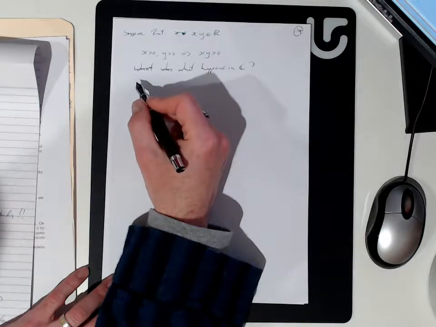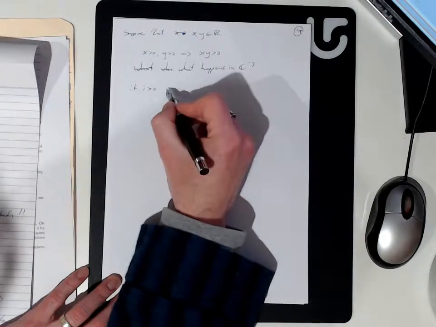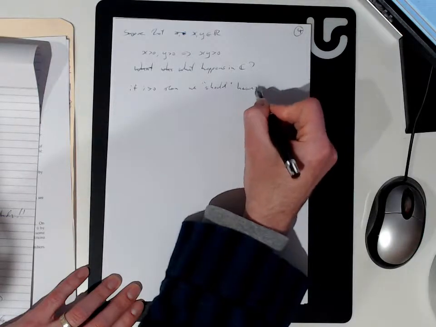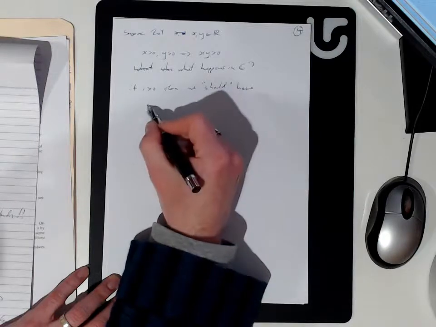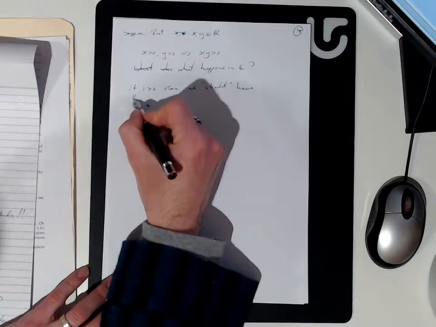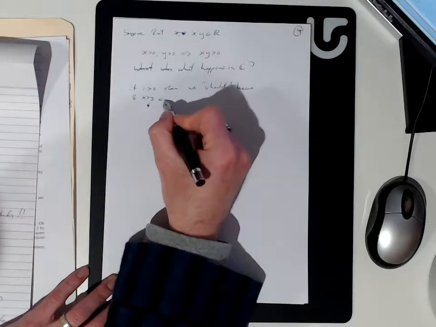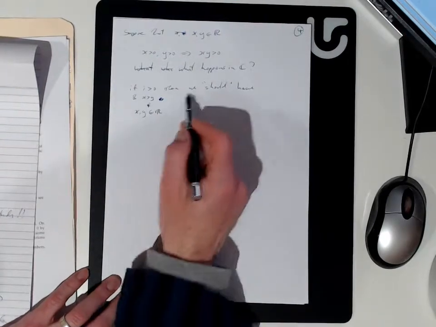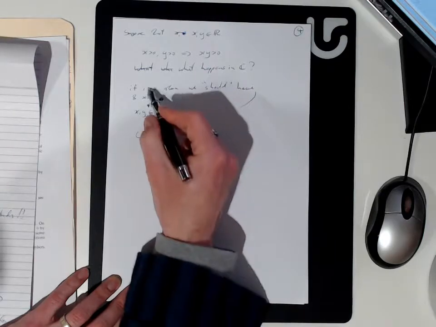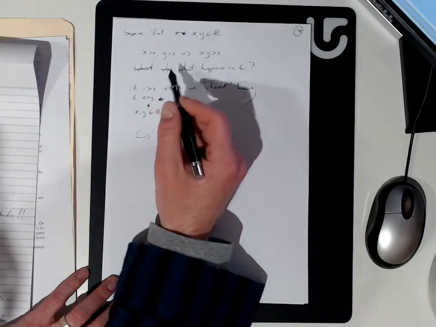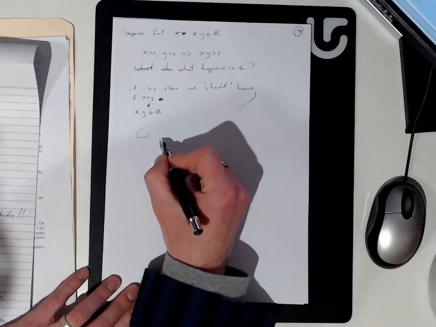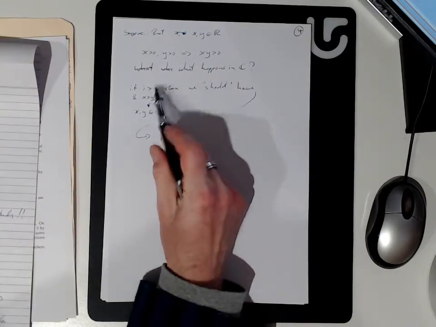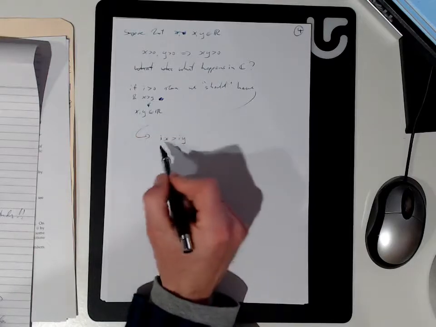Well, if i is greater than 0, and we have x and y inside the real numbers with x greater than y, then we should have, multiplying by i, since we want the order on C to generalize the order on R, ix should be greater than iy, right? i is positive in some sense, and we want it to behave correctly with respect to multiplication, so when we multiply, this should be preserved.